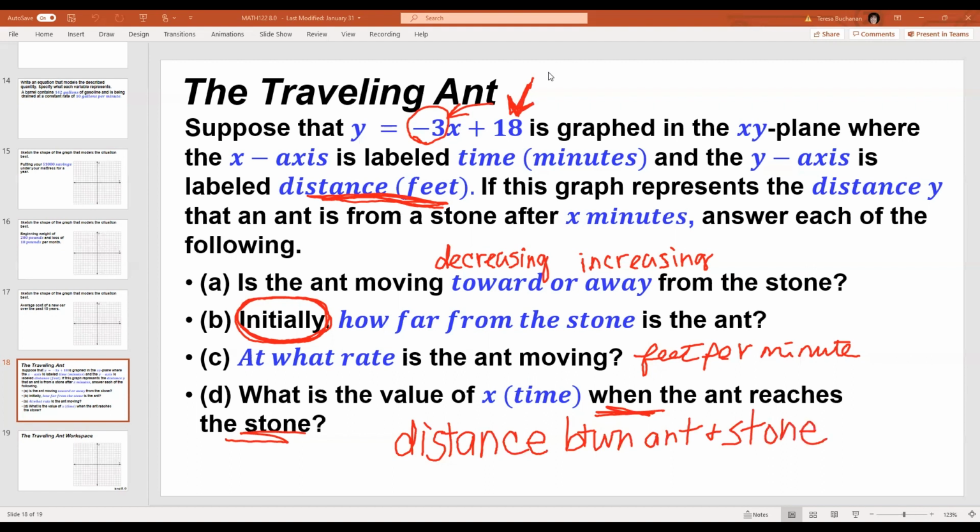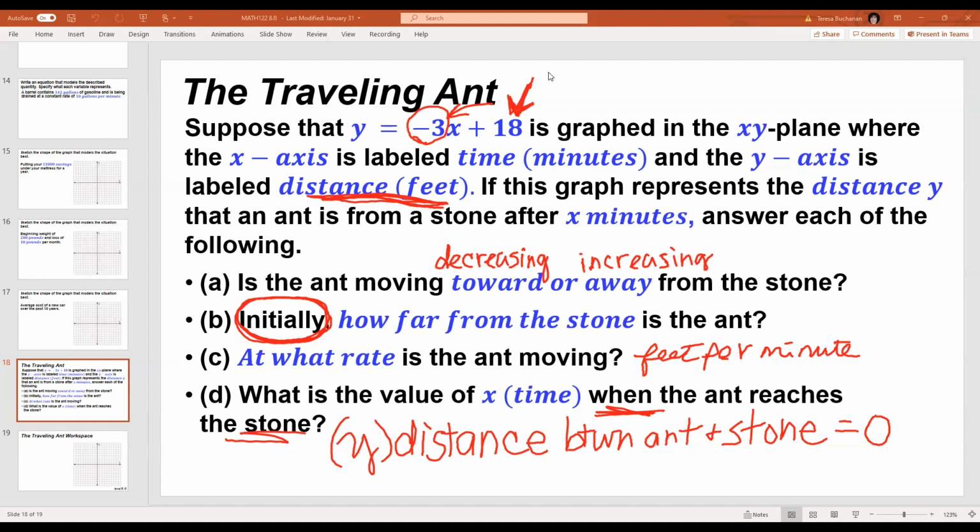So this is asking, when is that y? Because the y is distance. When will that y become 0? At what x will that y value have to be 0? So you have some space there on the next page.